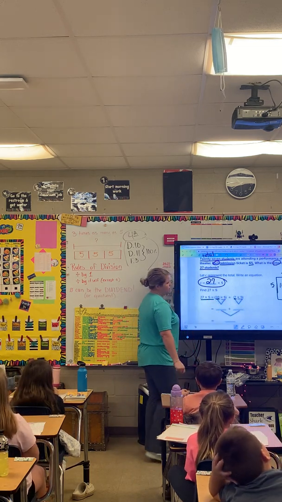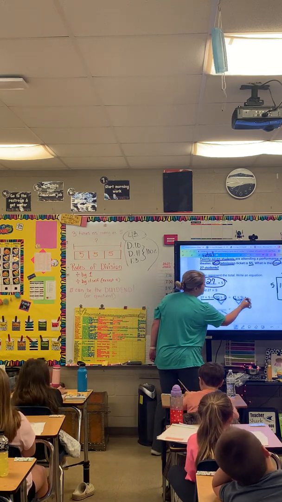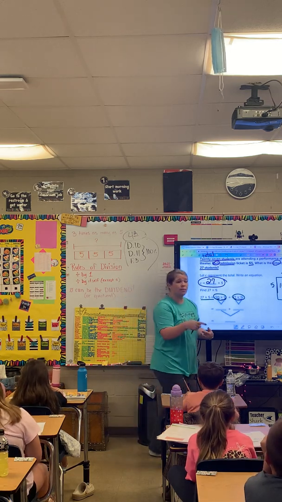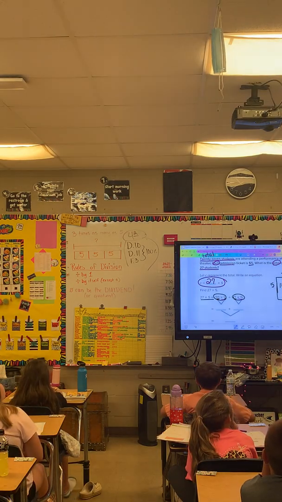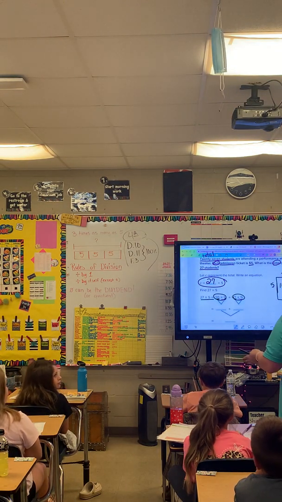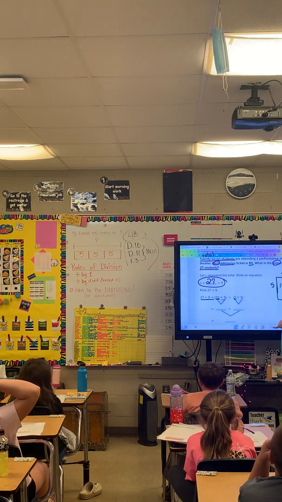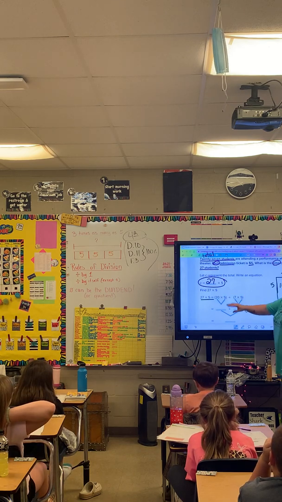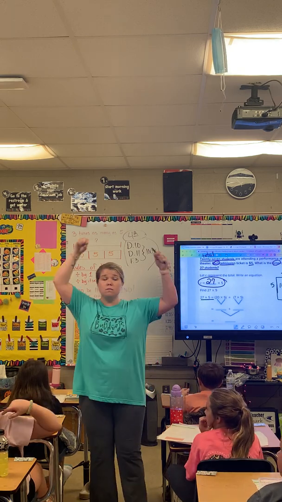What am I doing inside of these parentheses? You don't have to circle it. What am I doing? Multiplying. Because multiplying is what step? 1, 2, or 3? 2. Can I add then multiply? No. I can't add then multiply. My multiplication has to be in my parentheses because my parentheses say, hey, you got to do this first.